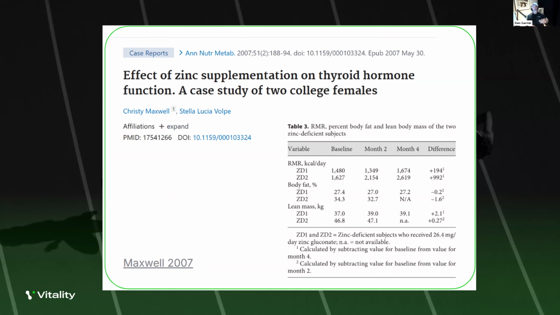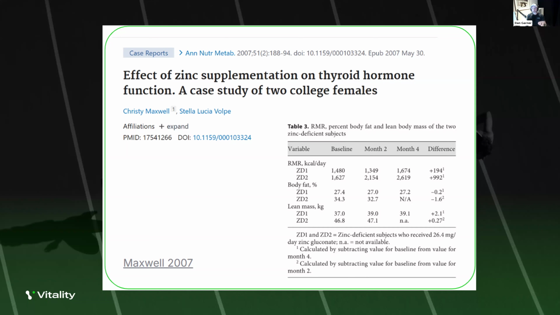Zinc is intimately linked with the thyroid. So when you have very low zinc status, your thyroid hormone output is going to be poor and inefficient. If your thyroid hormone output is poor and inefficient, that directly affects your resting metabolic rate.